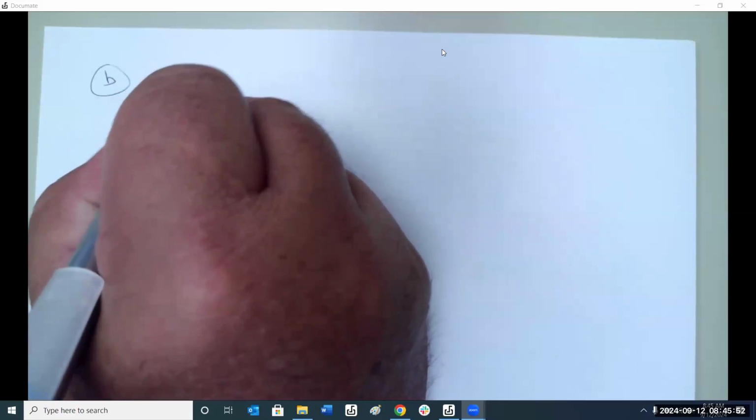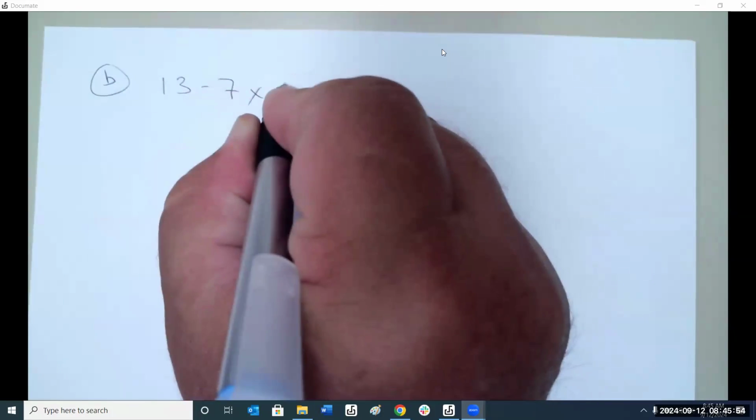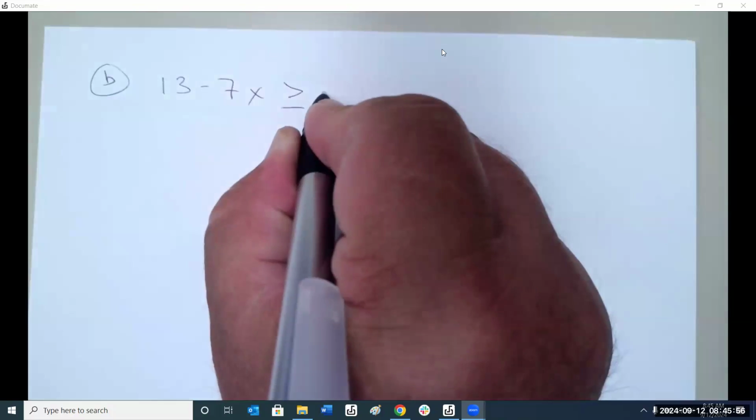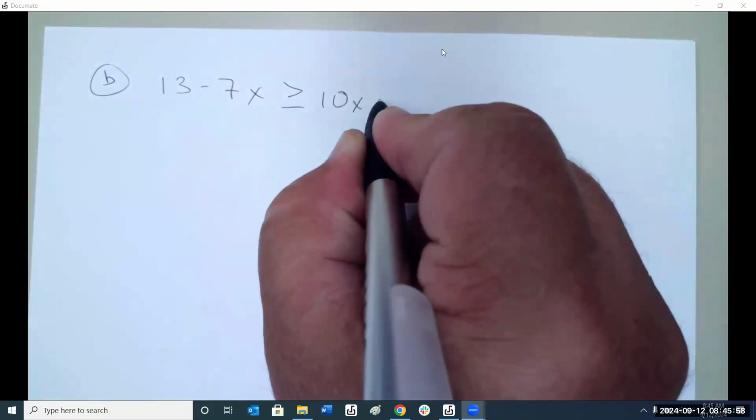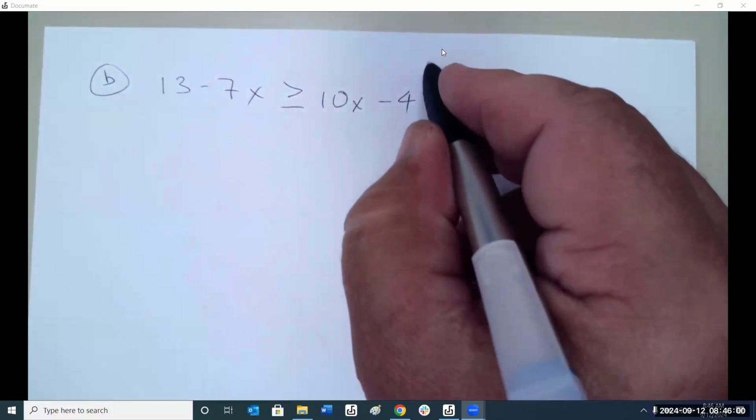We're gonna do B 2 different ways. And you'll see that we'll get the same answer. We got 13 minus 7x is greater than or equal to 10x minus 4.